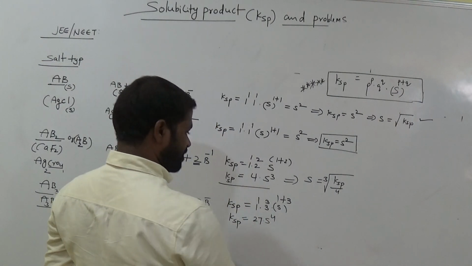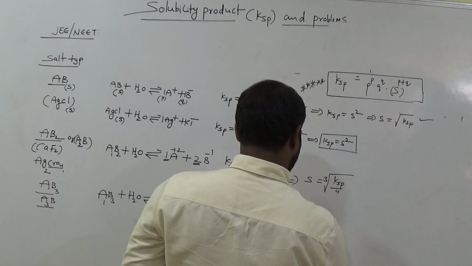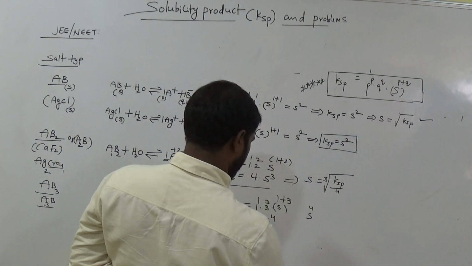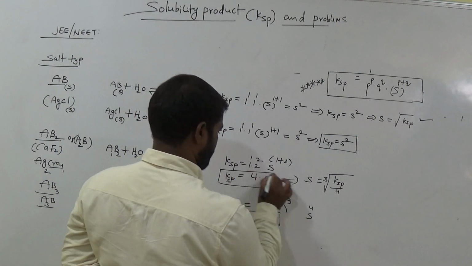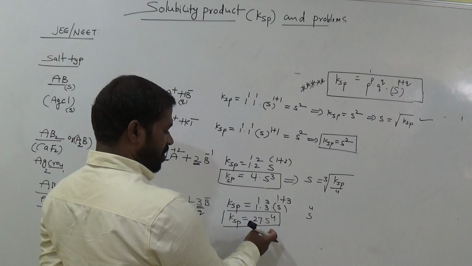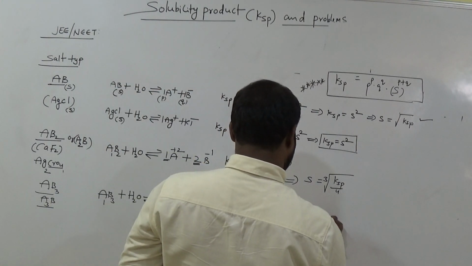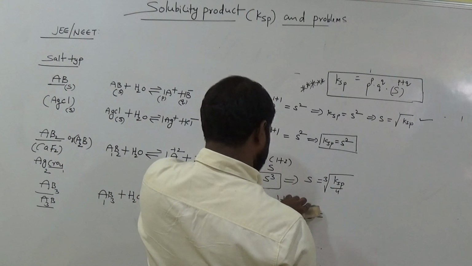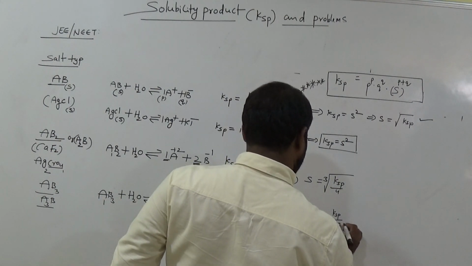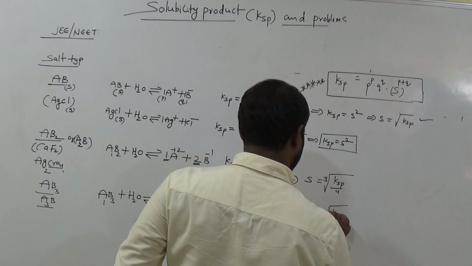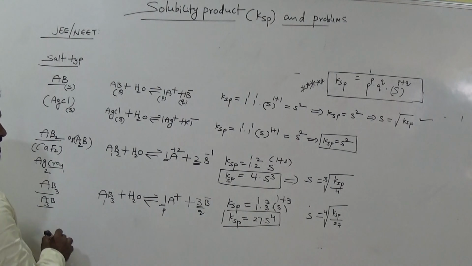Ksp equals to how much? 27 S power 4. From this, S power 4 is equal, or S is equal to Ksp by 27, fourth root, am I right? Fourth root.